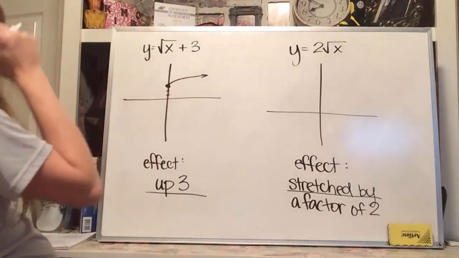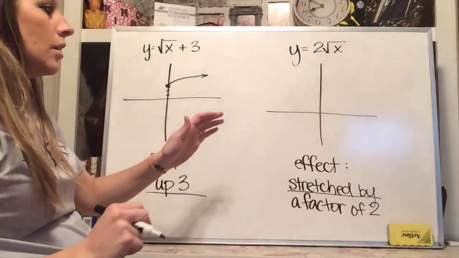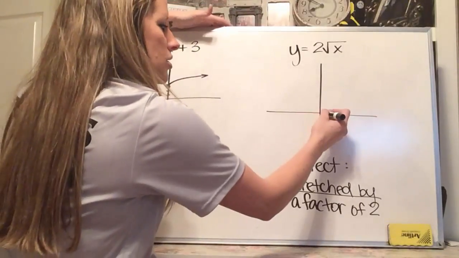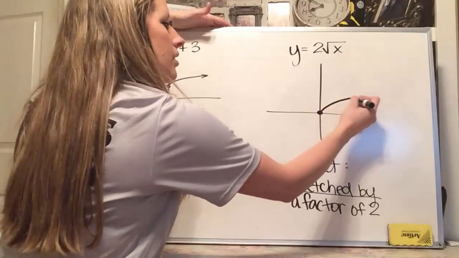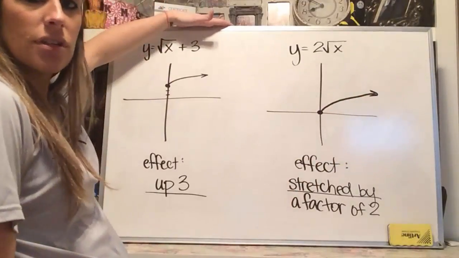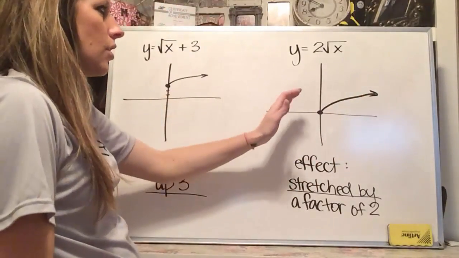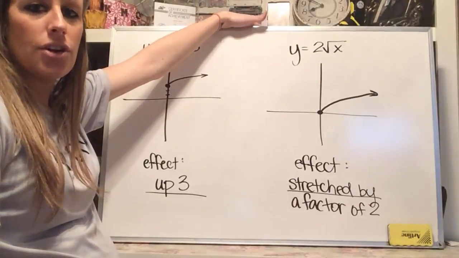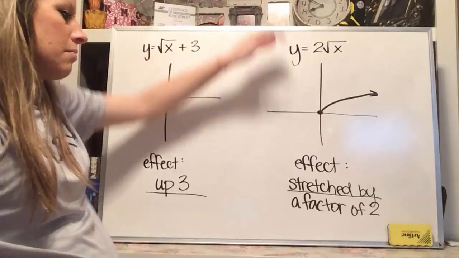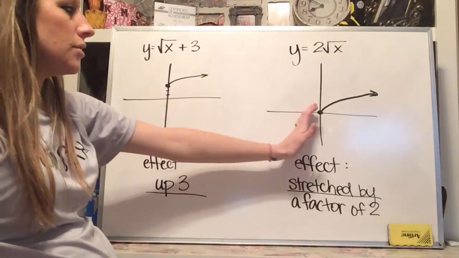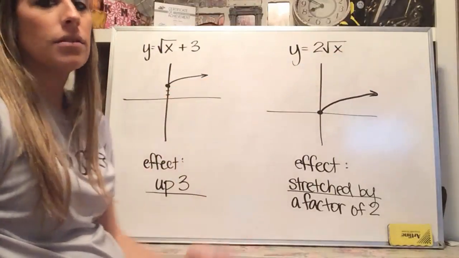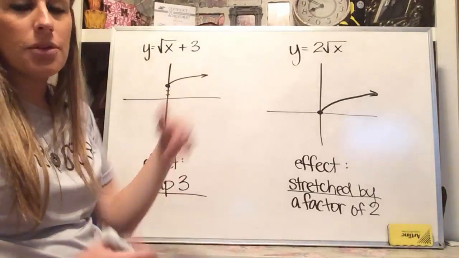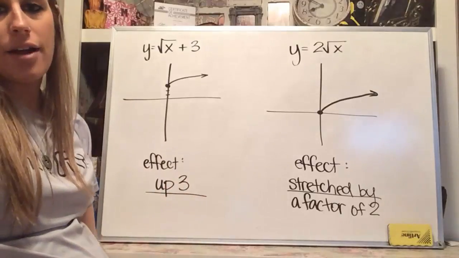So if I'm going to stretch it by a factor of 2, it's actually going to come up a little bit higher than my normal parent function. So whatever you need to write on your notes to help you remember, but it's going to be stretched by a factor of 2. It's going to come up a little higher. So if you need to write it comes up a little higher, write it comes up a little higher.